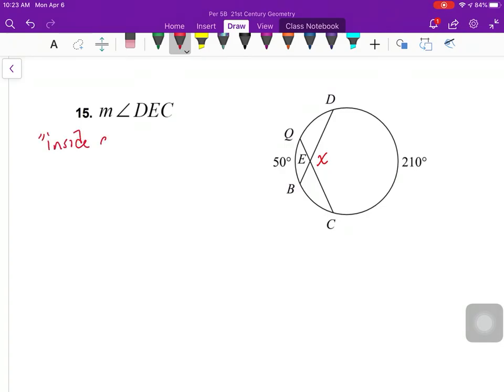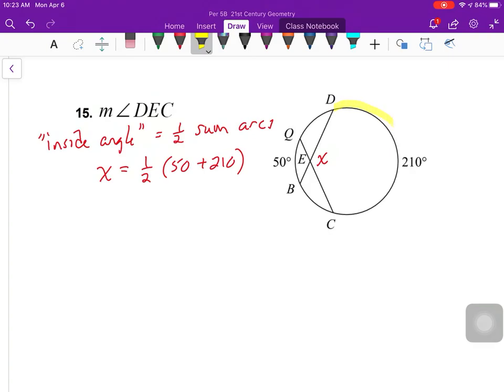Angle DEC. DEC would be this angle right here. That's an inside angle, and that will equal half the sum of the arcs. So x will equal half of 50 plus 210.